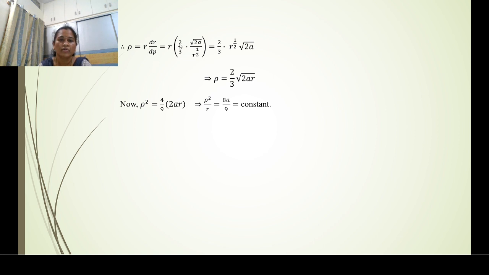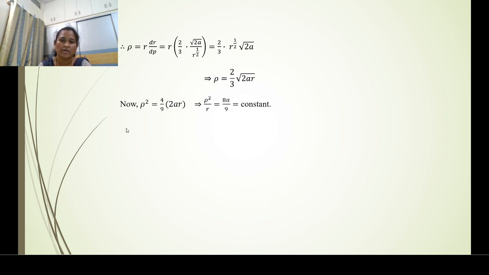R into 2 by 3 into root of 2a by r to the power of 1 by 2. Then 2 by 3 is constant. On simplification we get r to the power of 1 by 2 in the numerator, with root 2a. Therefore rho is equal to 2 by 3 square root of 2ar.